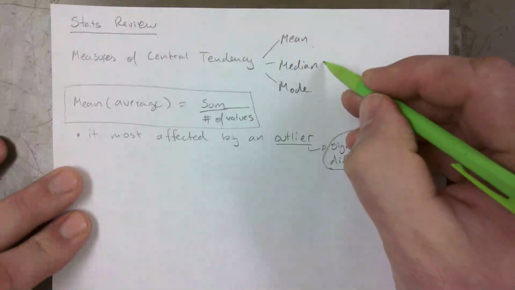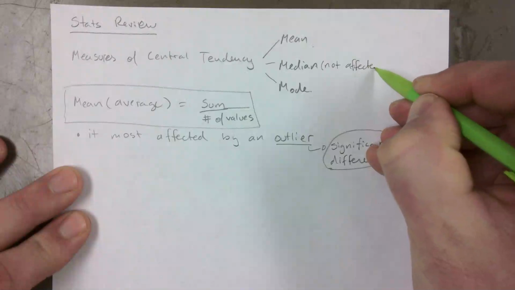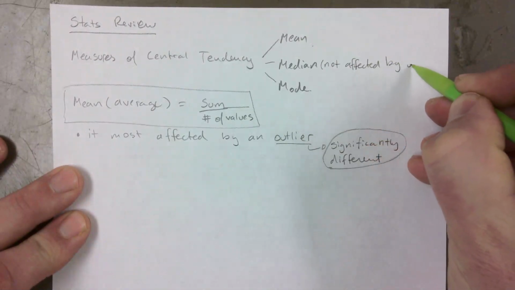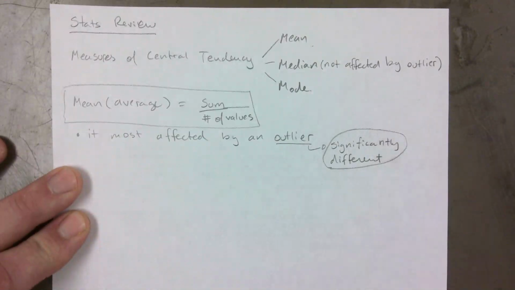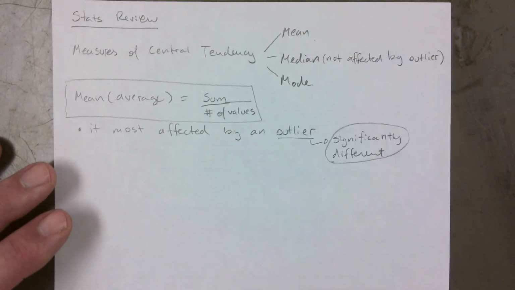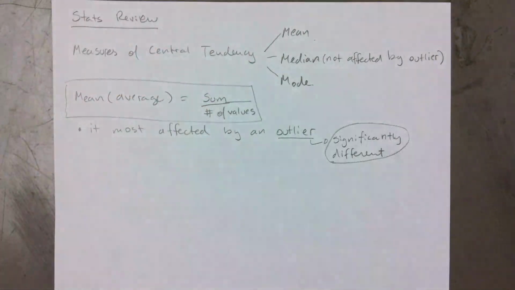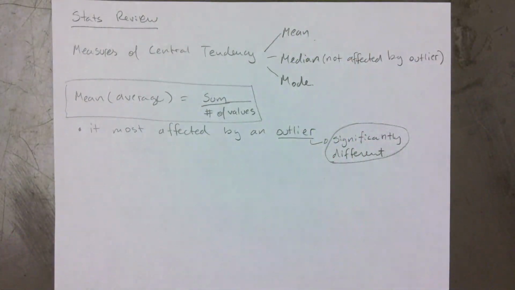So it's not affected by outliers, not as much as the mean, at least. All three of these try to find the center of your data set. That's the main goal, to find the middle.